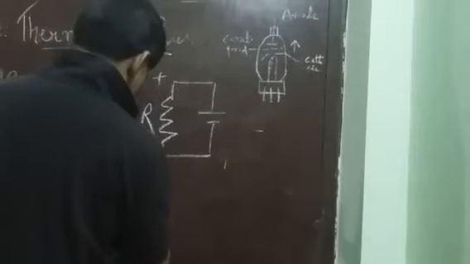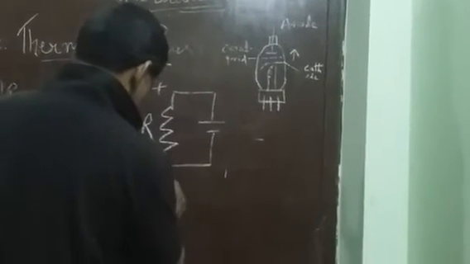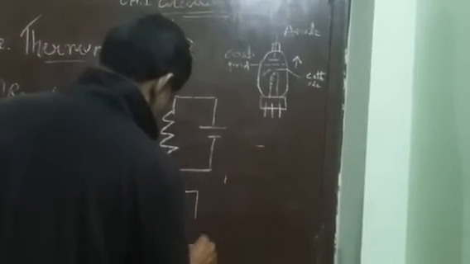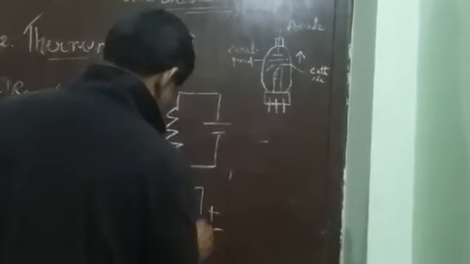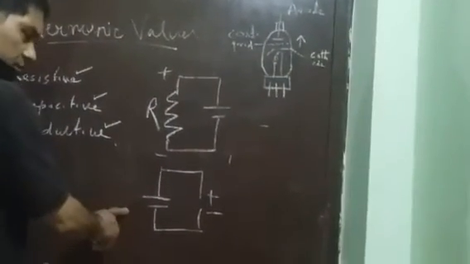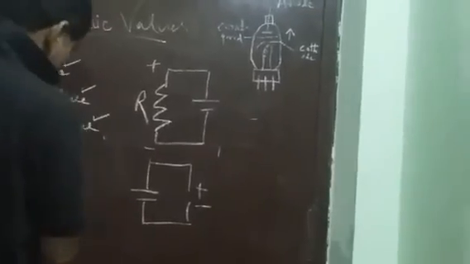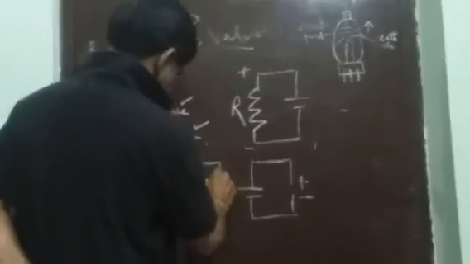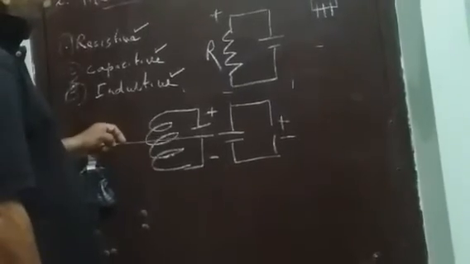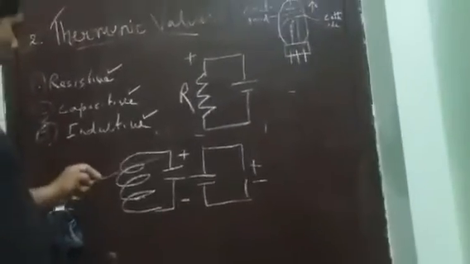If we put a capacitor in between two potential differences, this will be called a capacitive circuit. Now what is an inductive circuit? If we put a coil in between the potential differences, the circuit will be called an inductive circuit.